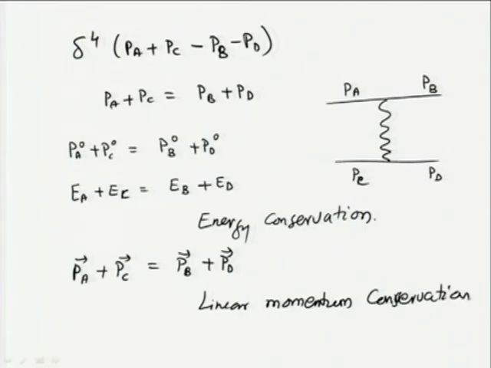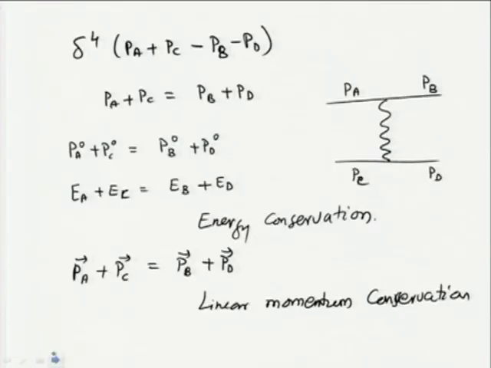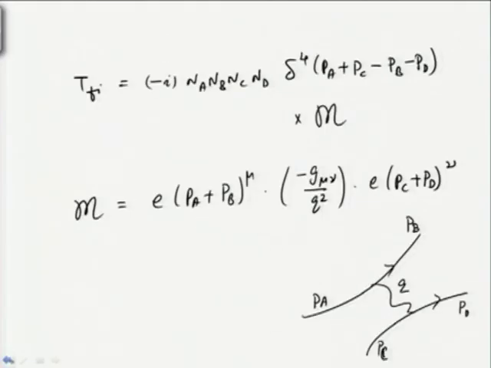So, the delta function makes sure that the sum of the initial energies is equal to the sum of the final energies, energy is conserved, and similarly the linear momentum is conserved. And that only talks about the kinematics, the energy-momentum conservation, that part.